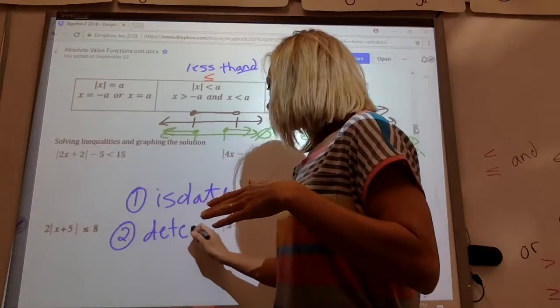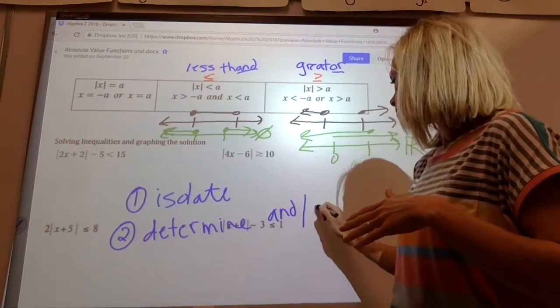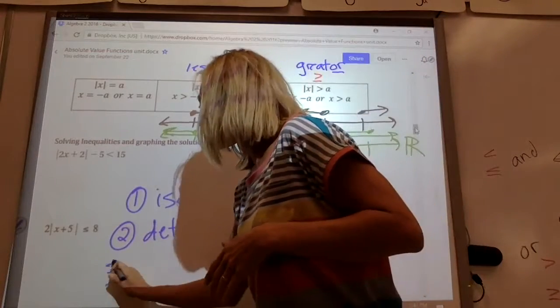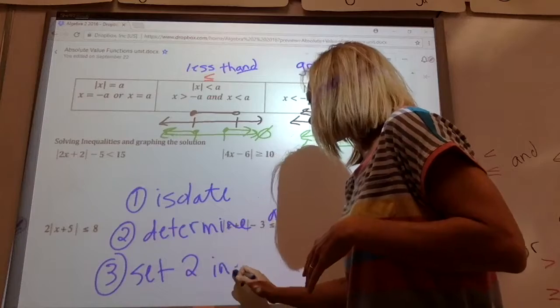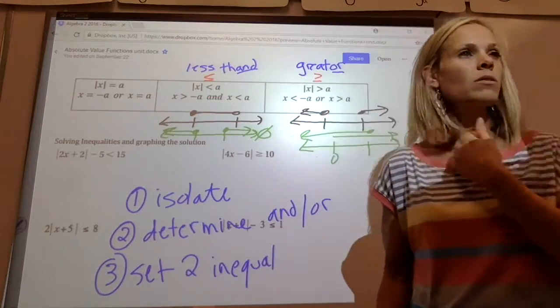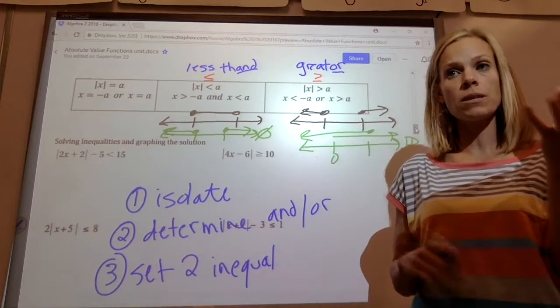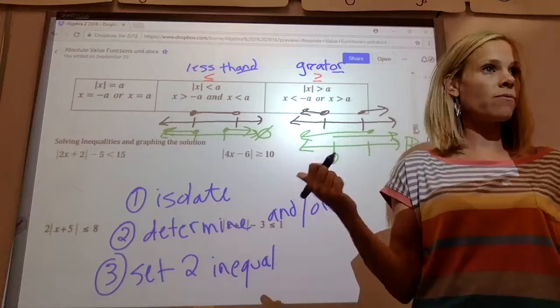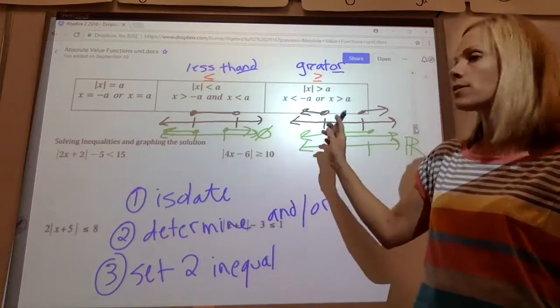You do that after you isolate. Determine and or. And then thirdly, you're going to set up your two equations, or in this case, your two inequalities. So very similar to yesterday, but you have to determine and or, and then instead of checking your answers like we did yesterday, you don't have to check anymore because your graph will tell you if it's correct or not.